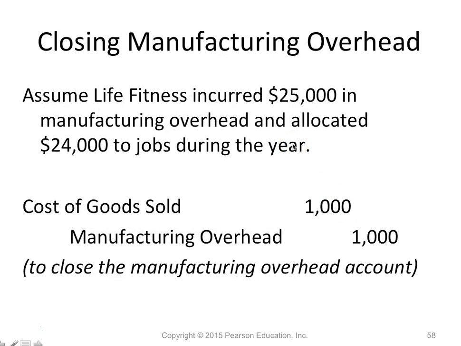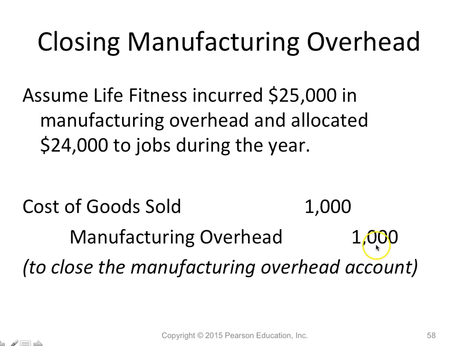So assume Life Fitness incurred $25,000 in manufacturing overhead and allocated $24,000 to jobs during the year. So we have a $1,000 difference. So now the overhead must be closed. Closing means making the manufacturing overhead account 0. So we're going to have $1,000 extra in the balance.